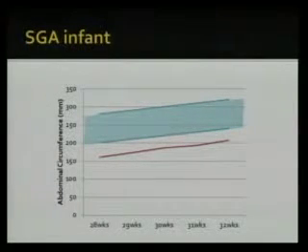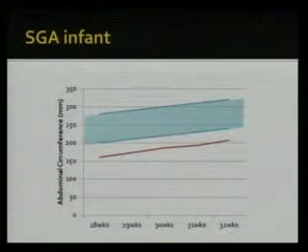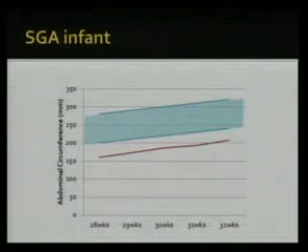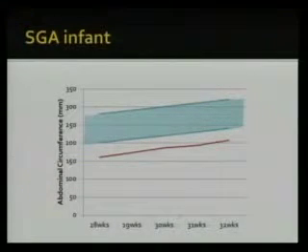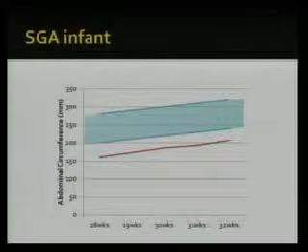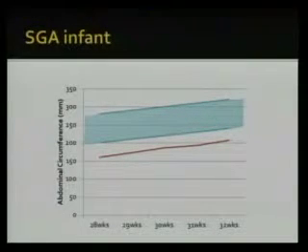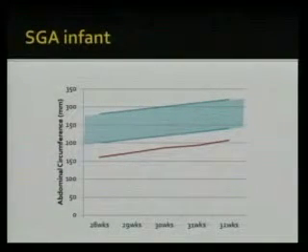So this is an idea of a small for gestational age infant. The blue is the normal, appropriately grown infant, and this outlines the 10th to the 90th percentile. This baby maybe started measuring at 28 weeks and was less than the 5th percentile.